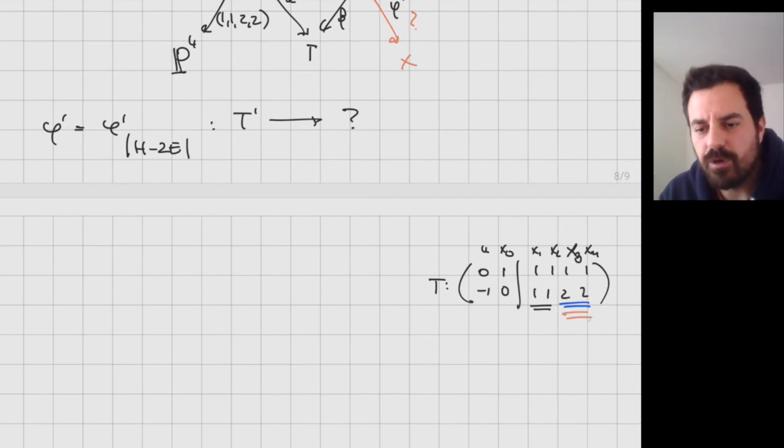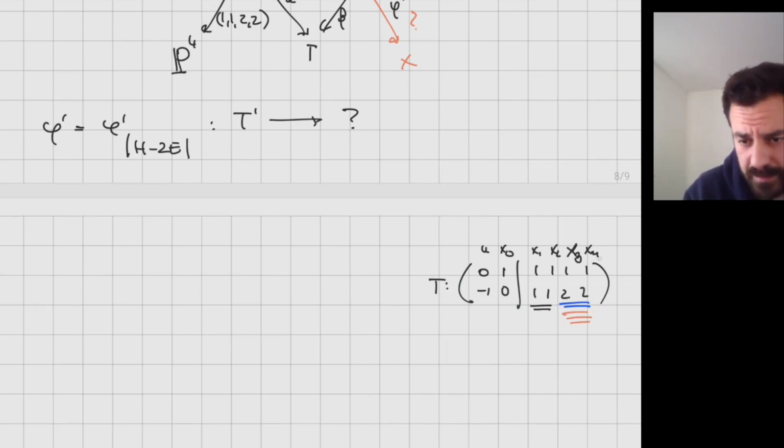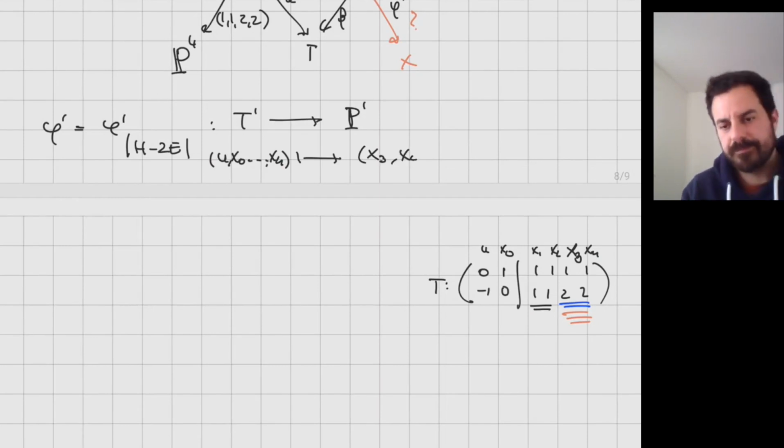I'm looking for monomials which are multiples of 1, 2, monomials of degree 1, 2, such as x4 and x3. But these are the only two monomials that you can have. So T prime goes to P1, (x0, x4) goes to (x3, x4).